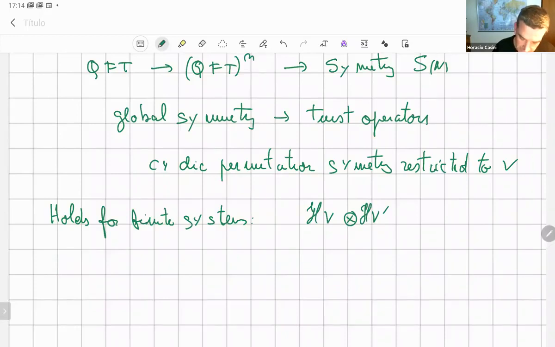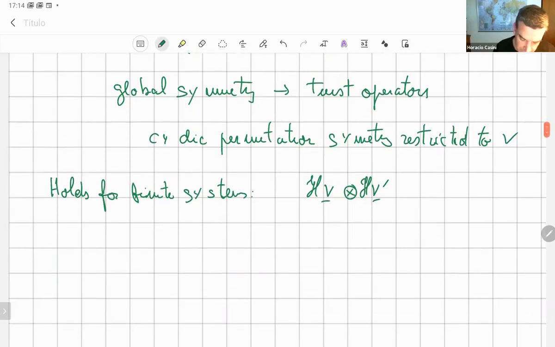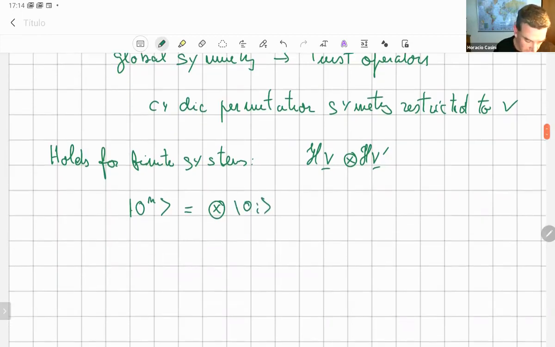I'm calling here a region and the complement, but it's just a bipartite system. And then you can produce the n replicated system and the replicated original state, or vacuum state or whatever state you want, which is just the tensor product of the vacuum state for each copy.